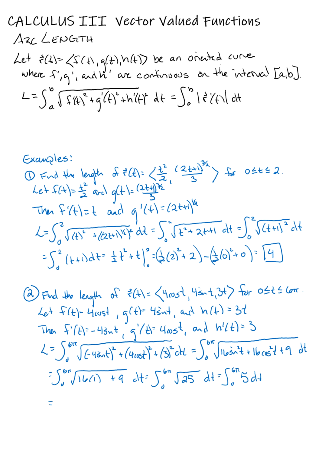So when we integrate, we get 5t, and we'll evaluate that from 0 to 6 pi. A real quick computation here. And it looks like we end up with 30 pi. Well, there you go. Enjoy.